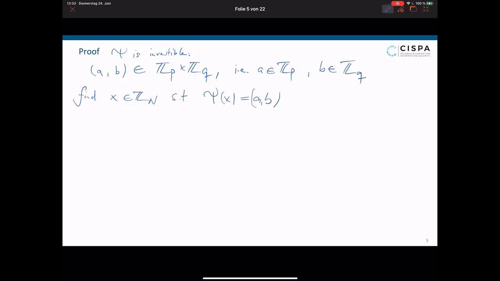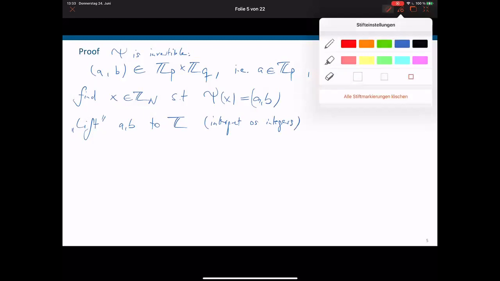The first thing that we do is, so even though a is in Zp and b is in Zq, we just lift, I'm calling this lifting, (a, b) to Z. Let's say interpret as integers. So let me be even more expressive about that.